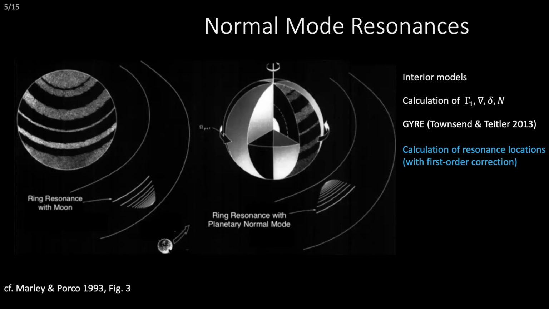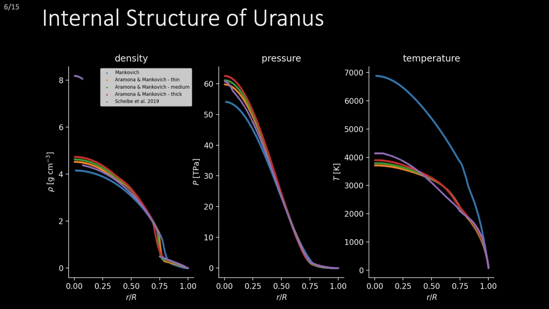These are 5 interior models for Uranus that we have successfully run in GYRE, our stellar oscillation code. One from Chris Mankiewicz, three from Ramona and Mankiewicz, and one from Scheibe et al., 2019. The Scheibe model is fully adiabatic and has a small core.